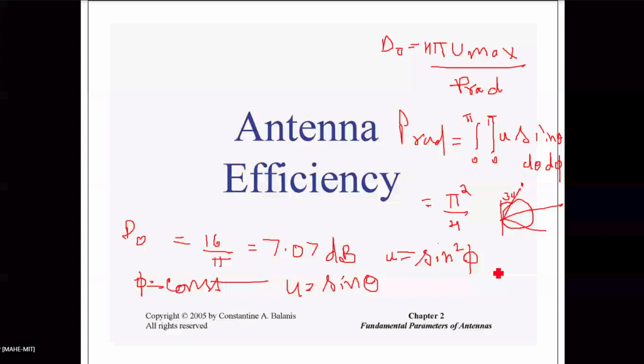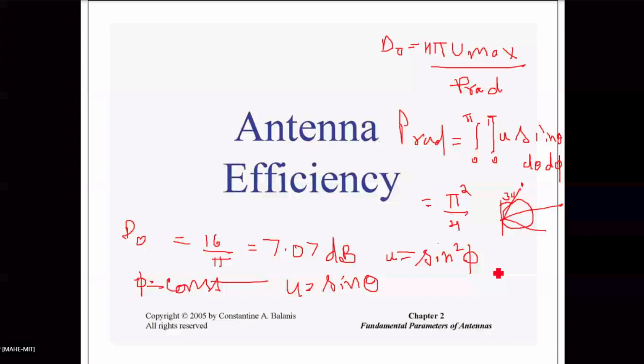And u of theta phi is 0.342 cosecant theta for theta between 20 degrees and 60 degrees, and u of theta phi is 0 from theta equal to 60 degrees to 180 degrees.